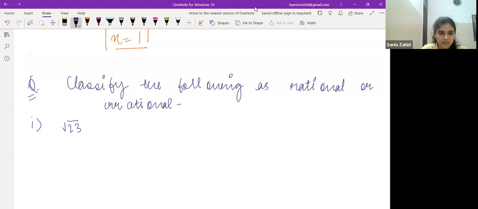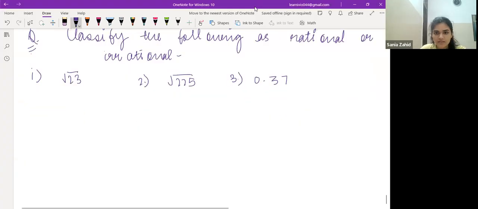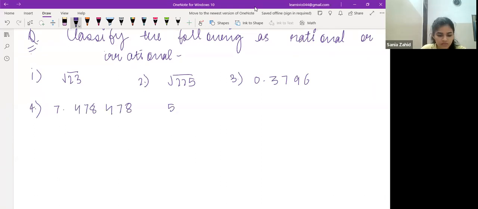Root 23, root 225, 0.3796, 7.478478, 1.10, 1001, 0001.